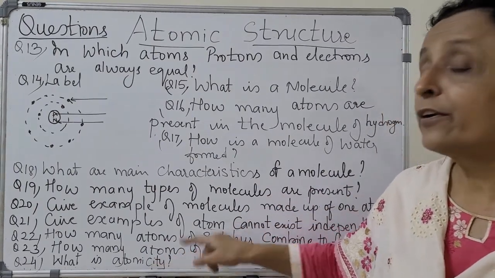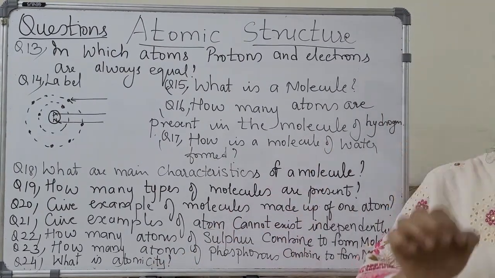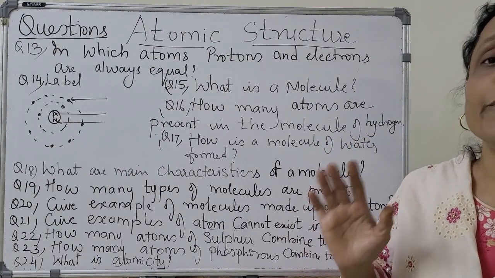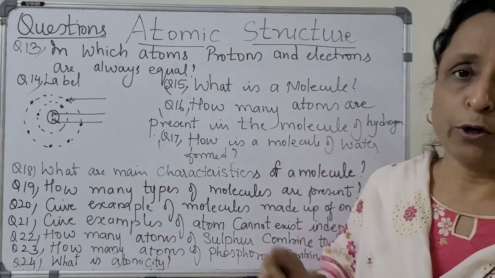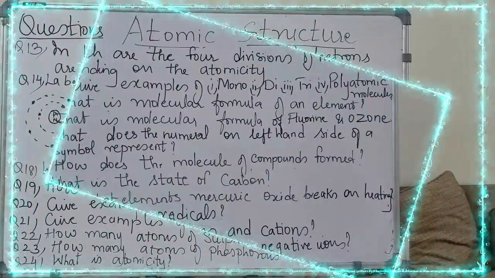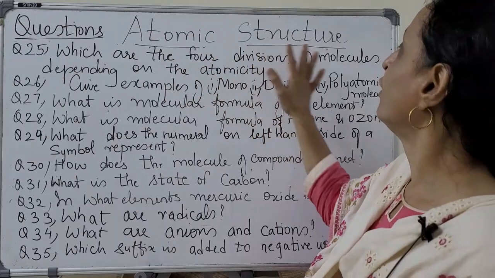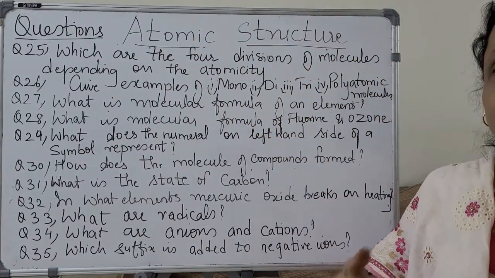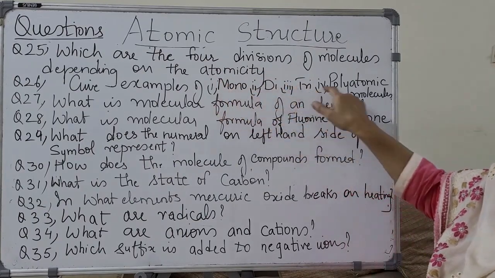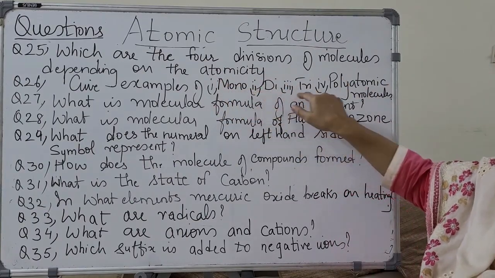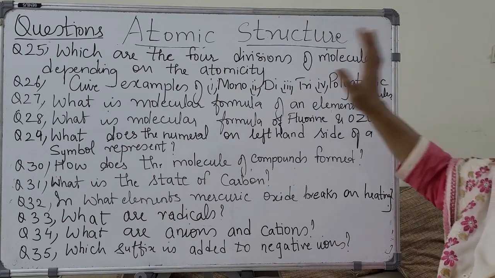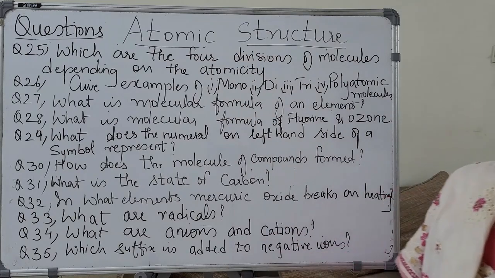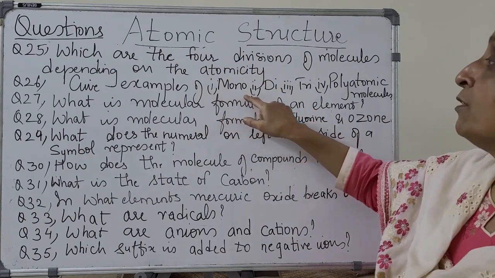What is atomicity? It is the number of atoms which are present in a molecule that forms the atomicity of that molecule. Now, which are the 4 divisions of molecules depending upon atomicity? Mono, di, tri, polyatomic. Monoatomic, diatomic, triatomic, polyatomic. Now give examples of mono.